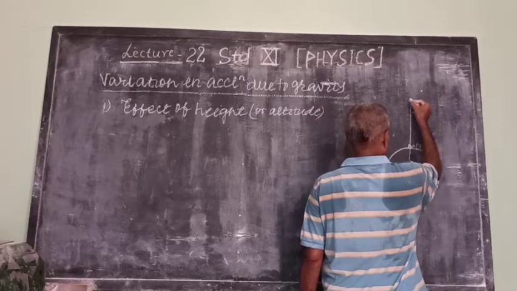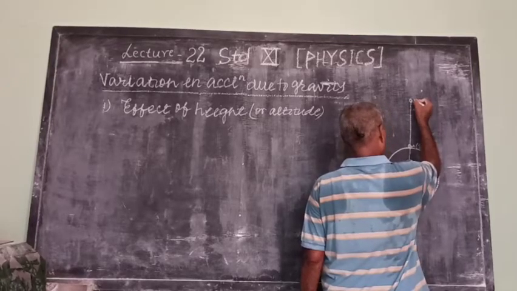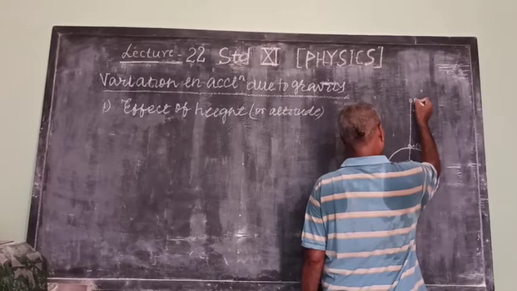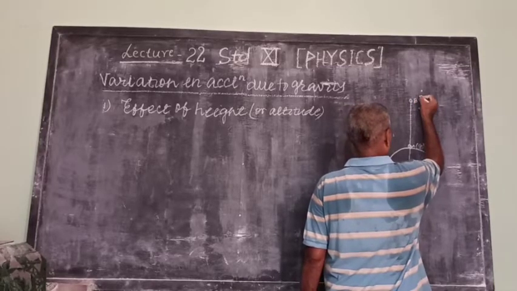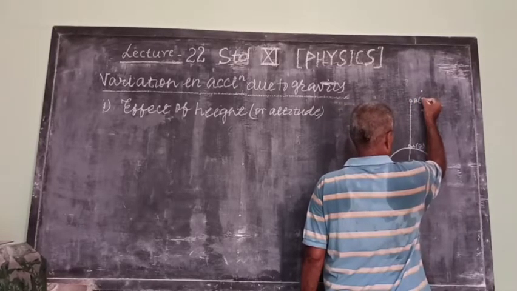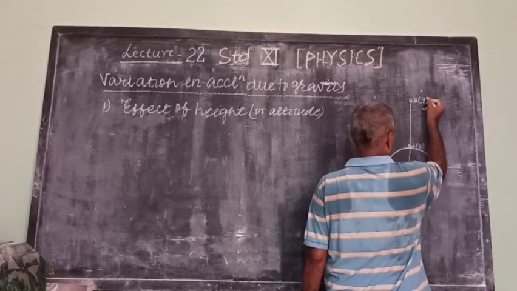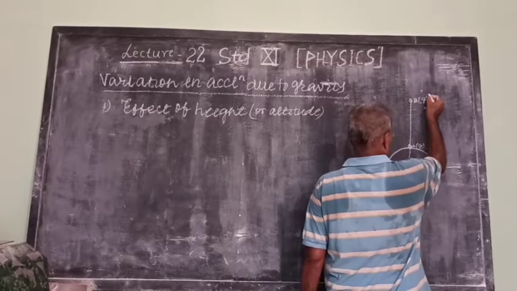Suppose the same body be taken at point B, where the value of acceleration due to gravity will be g dash.